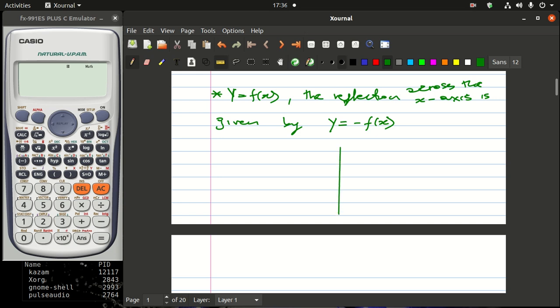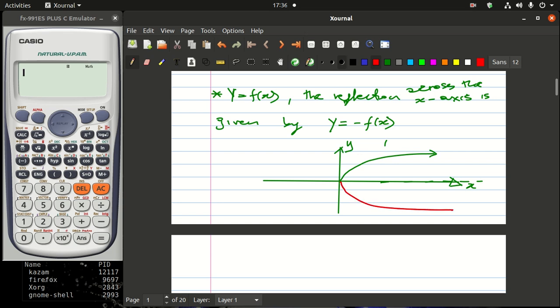I can make another example here. I have a curve which is like this. Now, the reflection of this curve across the x-axis, if there's a y-axis and an x-axis, and I'm standing here looking into this mirror, the reflection will be like this. So we have a reflection across the horizontal x-axis.